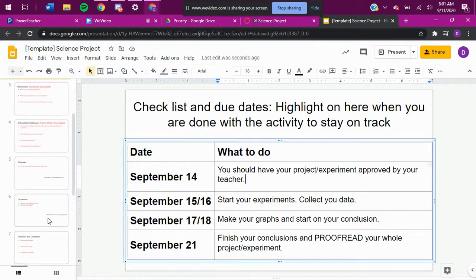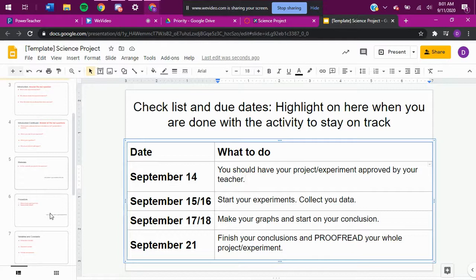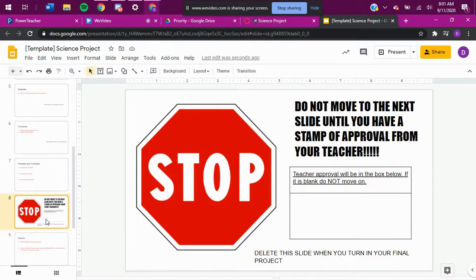So your introduction, your variables, materials, and procedures. And it will need to be approved by either Miss Foley, which is me, or Miss Trainer. If you don't get it approved, you might be missing something and you might not get the grade that you think you're going to be getting.